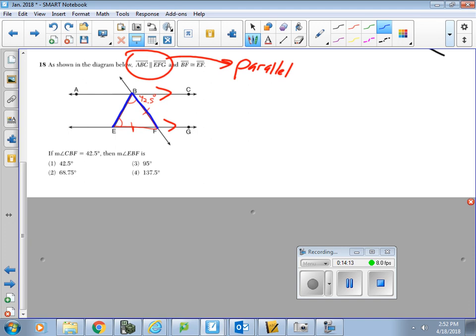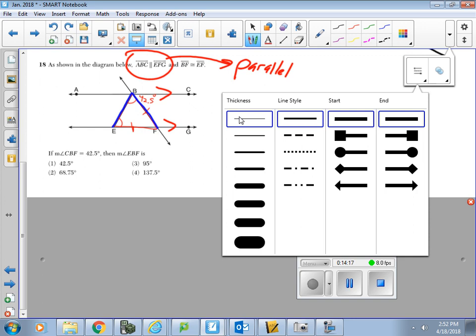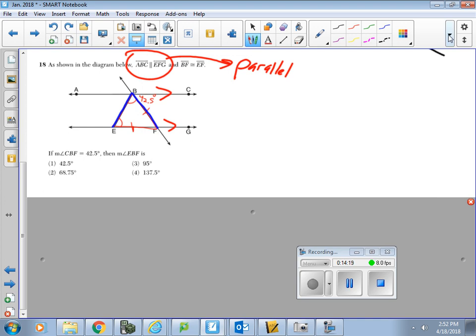All right, so let's go through the reasoning that we're going to use as we do this. We have a lot of different things, but the first thing I would look at is the Z-test. I always say Z-test when you have two parallel lines and you have a third line, right?